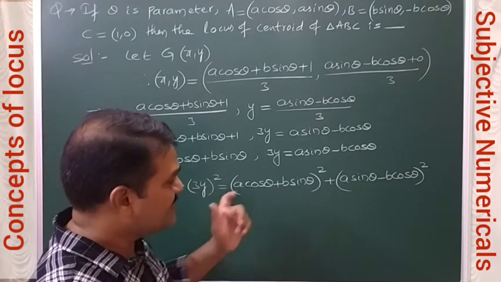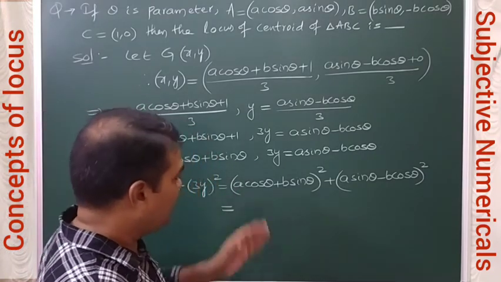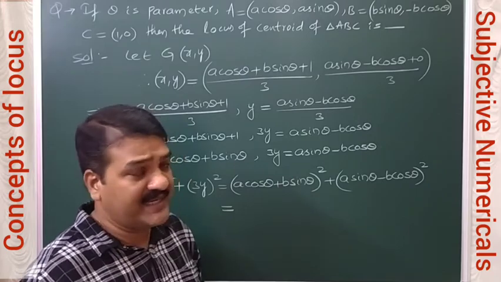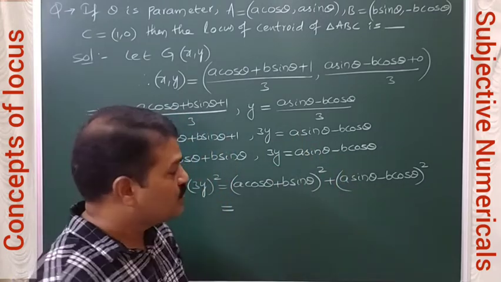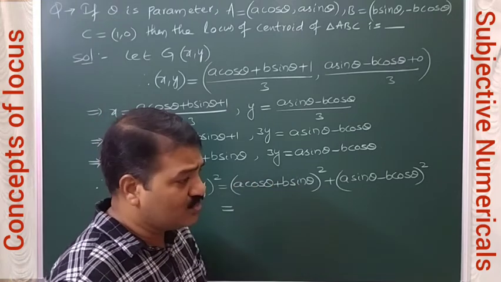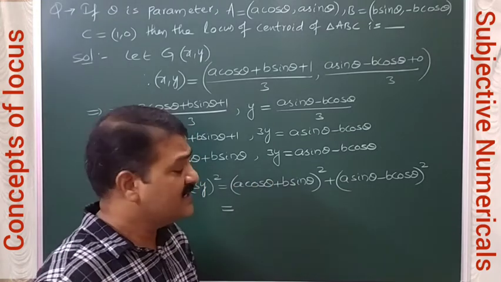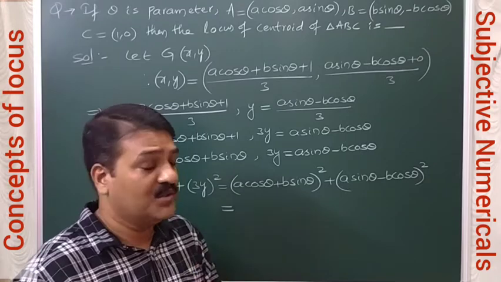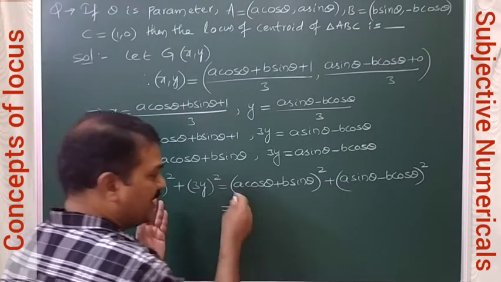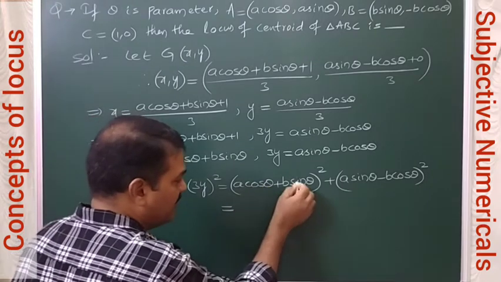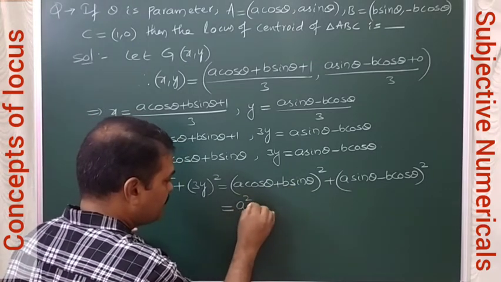Clearly this is in the form of (a+b)² on this side and (a−b)² on this side. So when we simplify these two, we will get the identity sin²θ + cos²θ = 1. So let us simplify this now, using (a+b)² here.